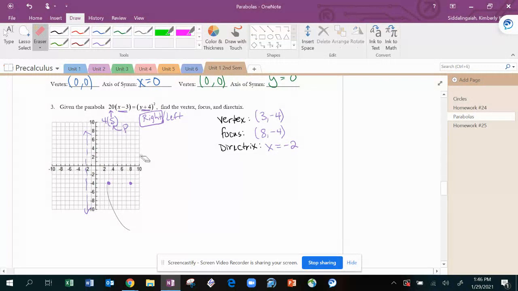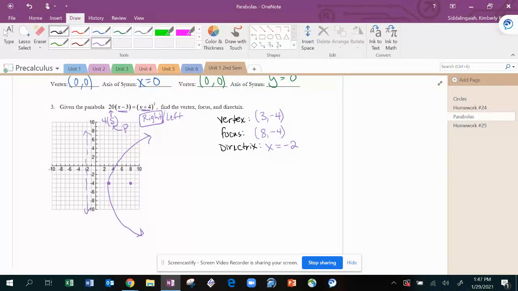Now I'm going to erase that gray sketch that I had, and I'm going to go ahead and sketch my parabola. A p-value of 5 is kind of on the larger side, so this is probably somewhat wide. I wouldn't say very wide, but somewhat. If it feels like you're sketching and just sort of eyeballing it, you're right. You are.